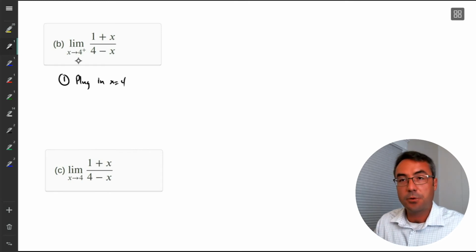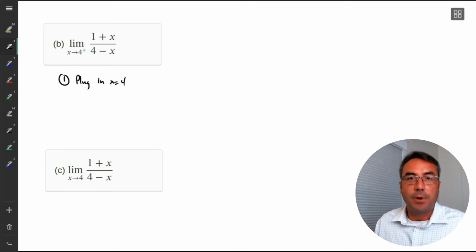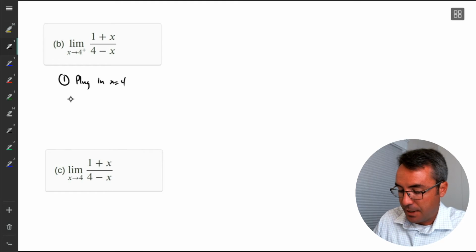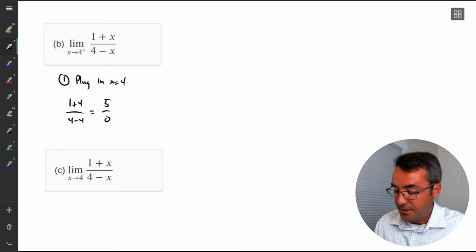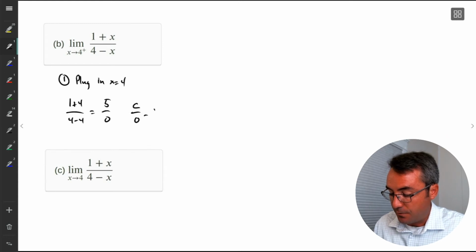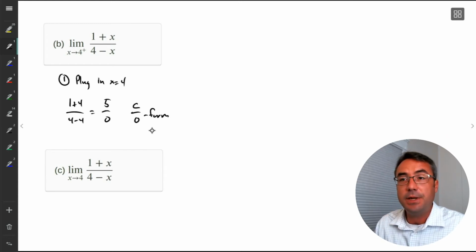So we plug in the number we're approaching. We've already done this, but let's just write it out again. 1 plus 4 over 4 minus 4. It's 5 over 0. So this is telling us we have a non-zero number divided by 0. This is what this looks like we're trying to do. So this is a c over 0 form. This is a key step. We need to identify that this is what's going on.